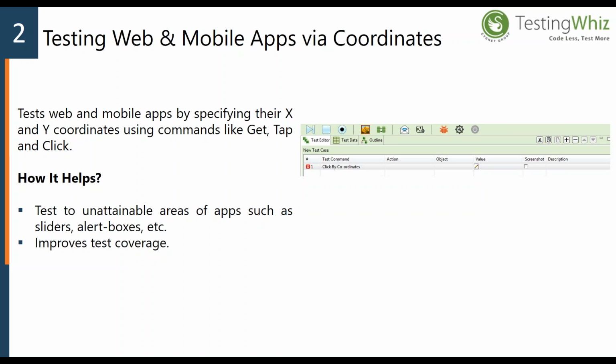Here we have introduced a new test command known as click by coordinates, which accepts X and Y coordinates of your screen, and it will click on that particular coordinate whatever you specify. So it can extend your click commands and is very useful. It takes it to a whole other level.